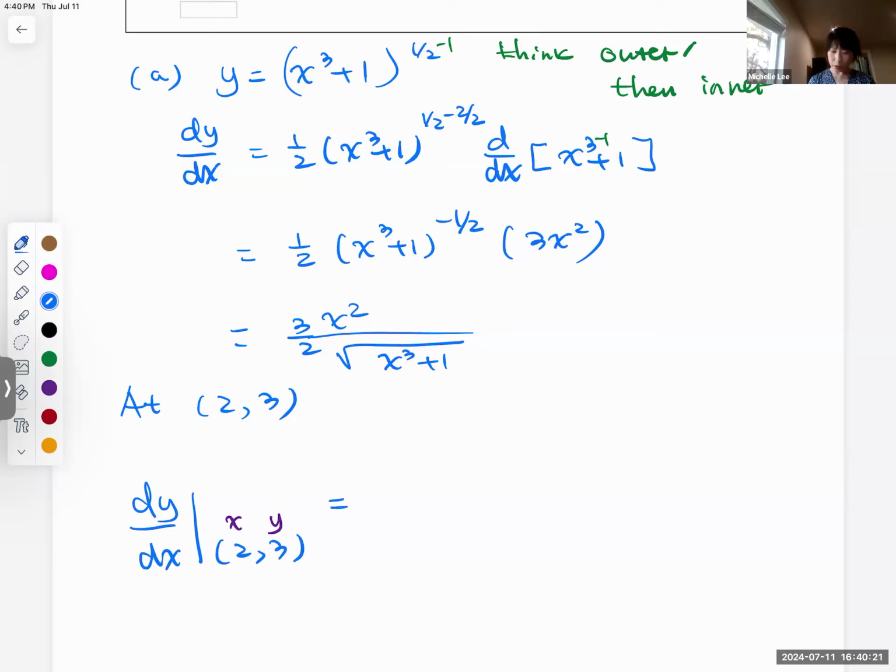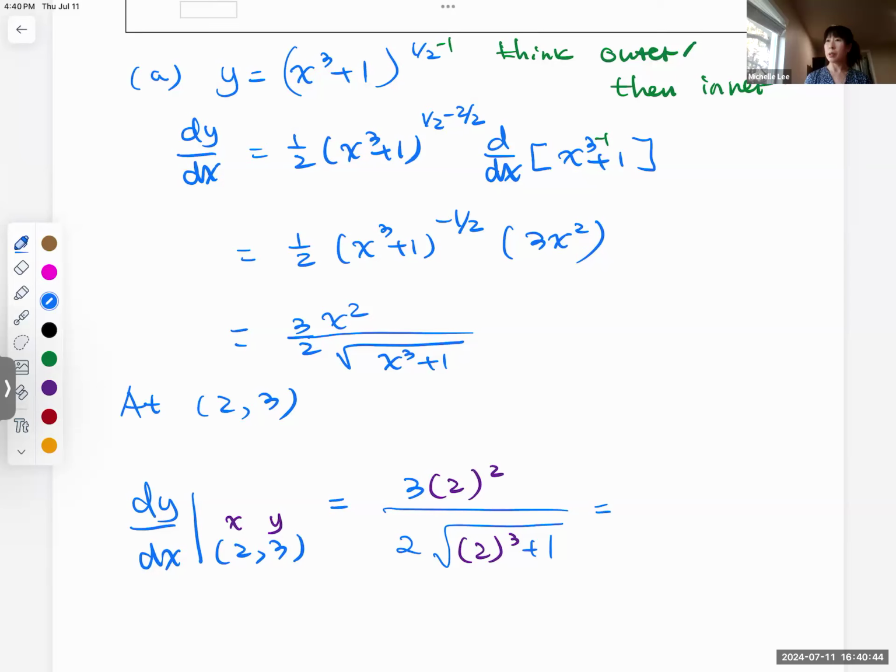So we have 3 times 2 squared over 2 times the radical of 2 to the third power plus 1.